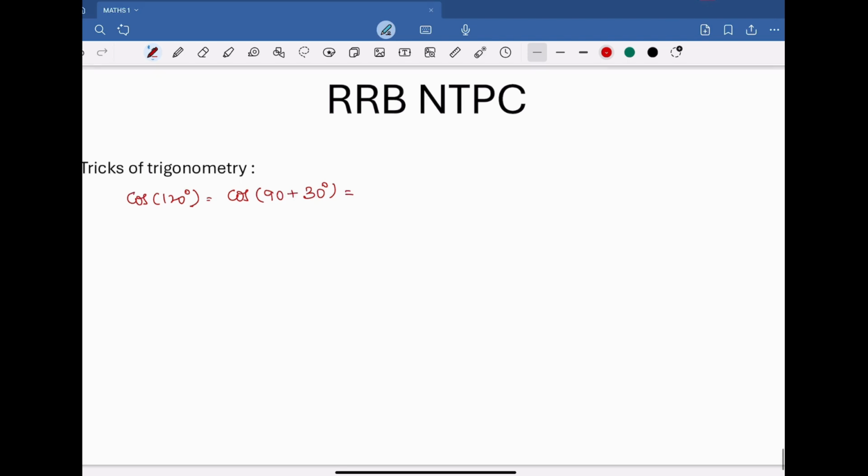This is nothing but minus sin 30. There is a rule called cos 90 plus theta is equal to minus sin theta. This is another rule. Please remember this.